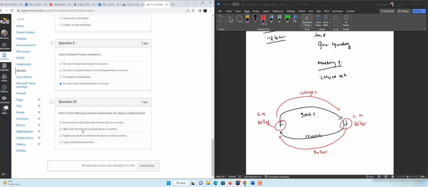High levels of trade and exchange, yes, that shows the degree of globalization. Rapidly growing GDP for several countries is not related to globalization. Large underground economies will make your GDP look low, but again, it's not related to globalization.